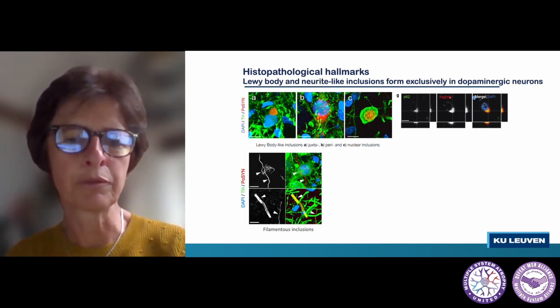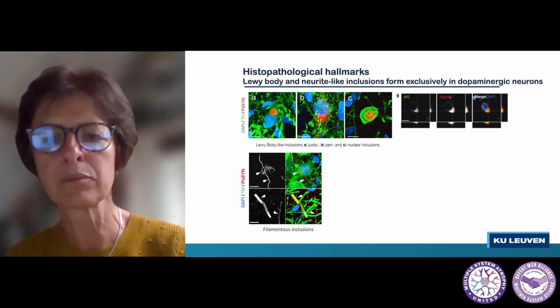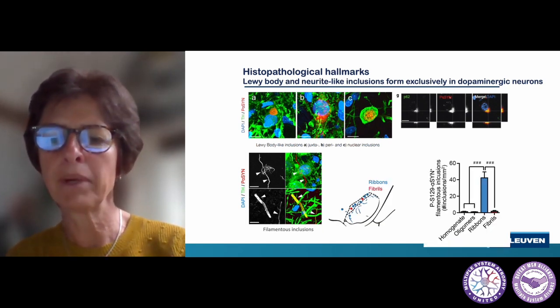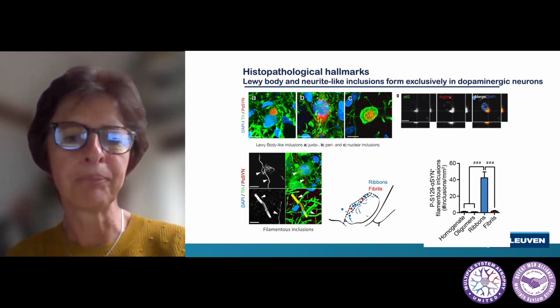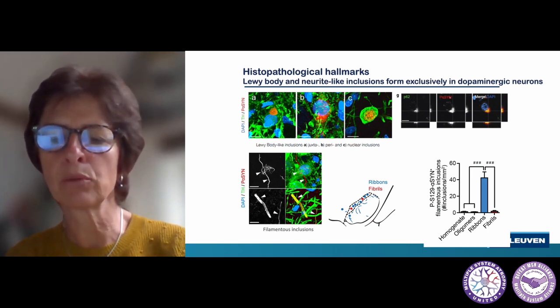We also found Lewy-like neurites, so filamentous inclusions. What was quite remarkable is that if you compared the ribbons and the fibrils, the shape was quite different. The ribbons induced more of these filamentous inclusions compared to the fibrils, where you had more round inclusions.